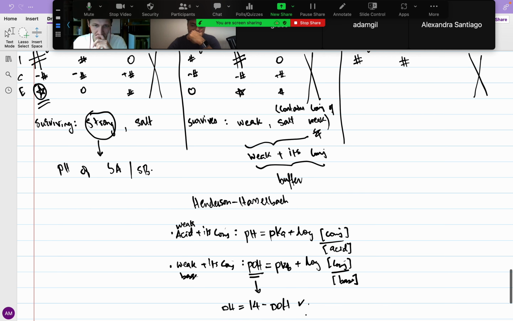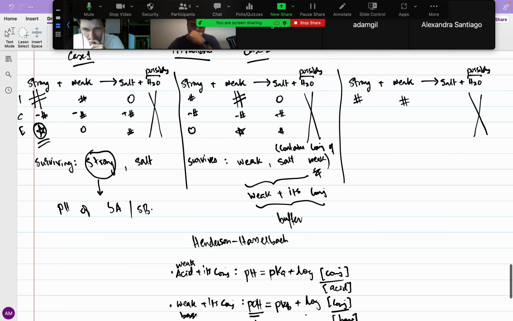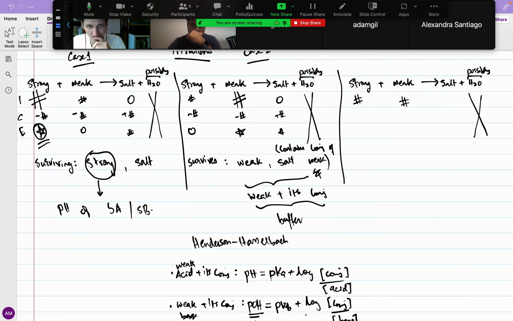Okay, so that's that. Last case, when you have equal amounts of strong and weak, both are limiting. And so all the strong gets consumed, all of the weak species gets consumed, and all that's left that's of importance at the end is the salt.